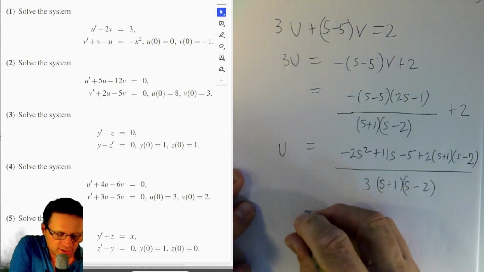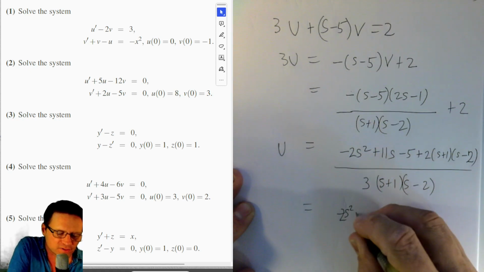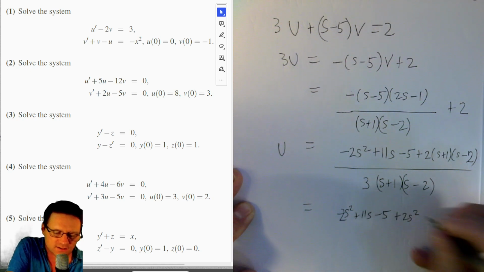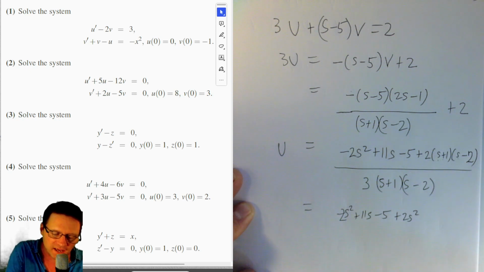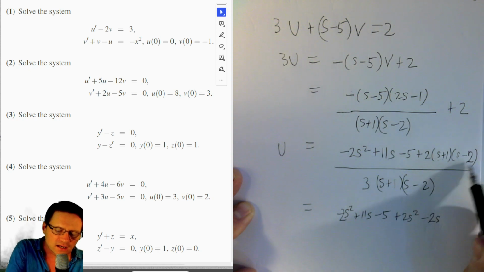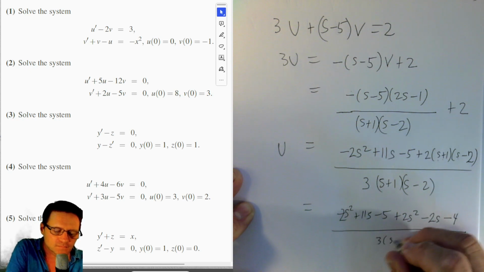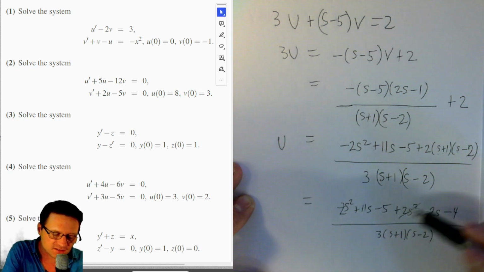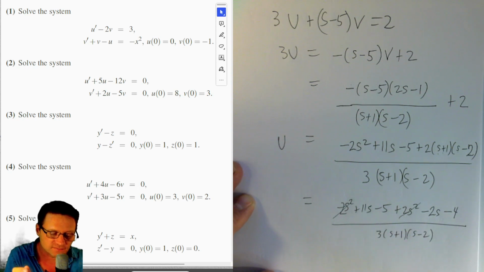Okay, expanding that numerator even more, we have minus 2S squared plus 11S minus 5, and then over here we have plus 2S squared. Then we have minus 2S plus S is minus 1S. Minus 1 times 2 is minus 2S. And then another minus 4. Okay, we're getting somewhere. Now we can see that these two terms can vanish. 11S minus 2S is 9S.